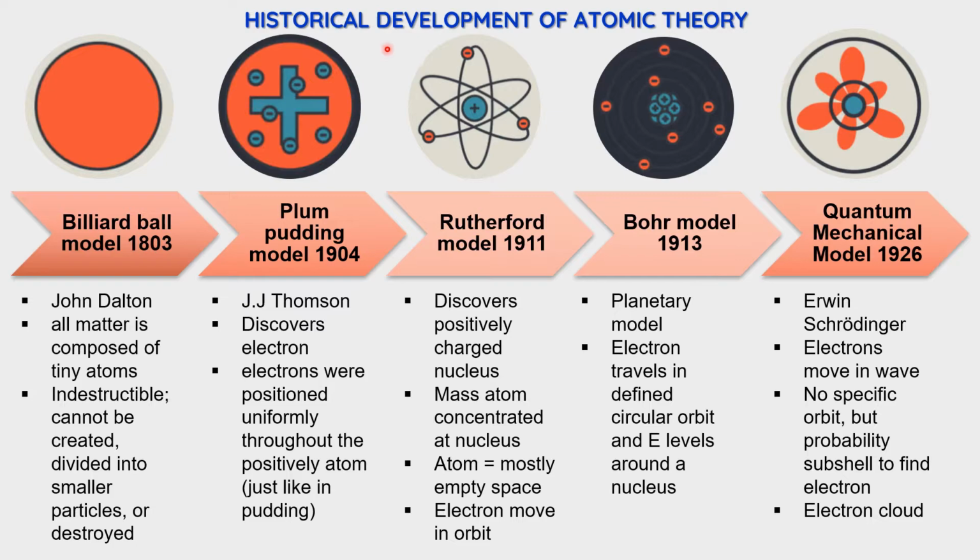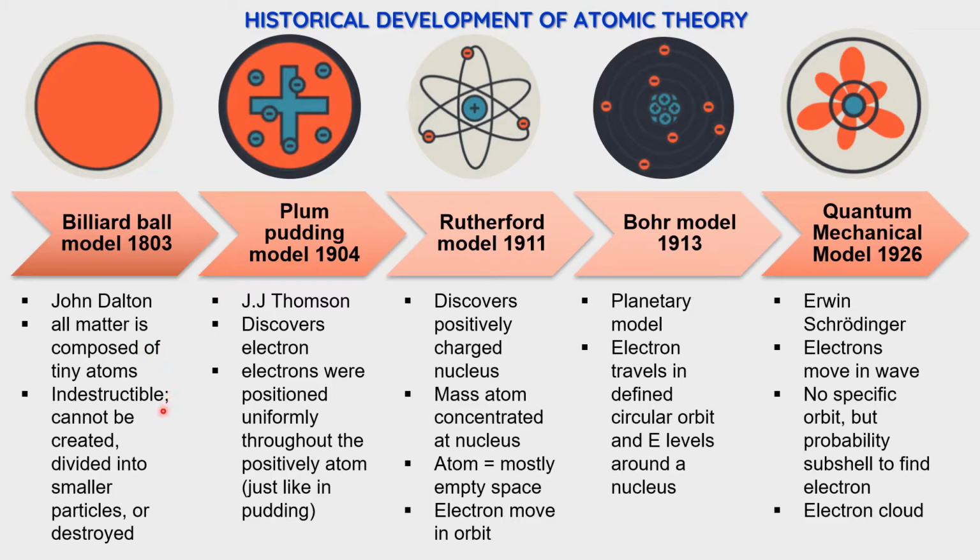Before we discuss more on Bohr's atomic model, let us see the historical development of atomic theory over the centuries. We will start with the Billiard-Ball model by John Dalton. John Dalton proposed that all matter is composed of tiny atoms. So matter, whether it is in the form of elements, molecules or compounds, is actually made up of tiny atoms.